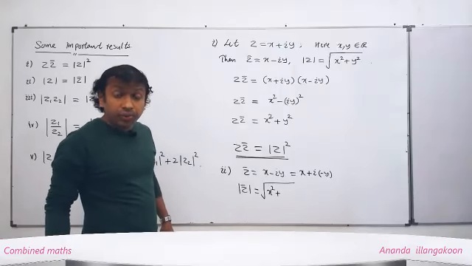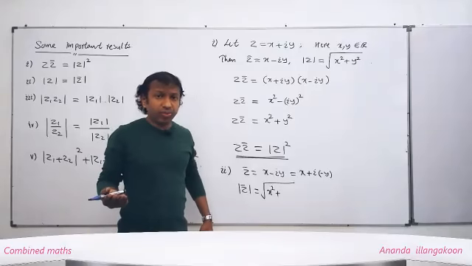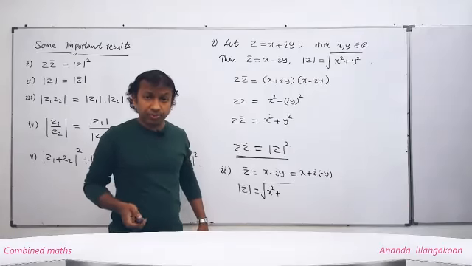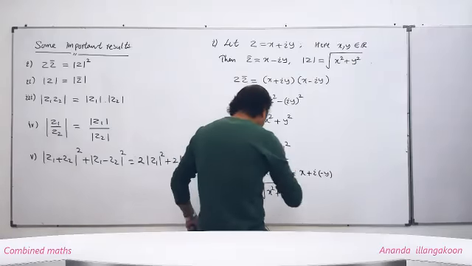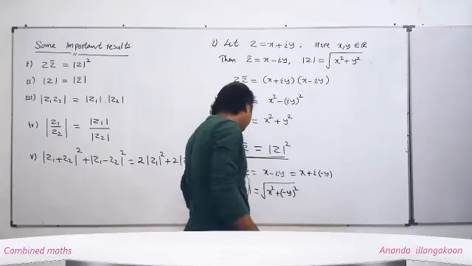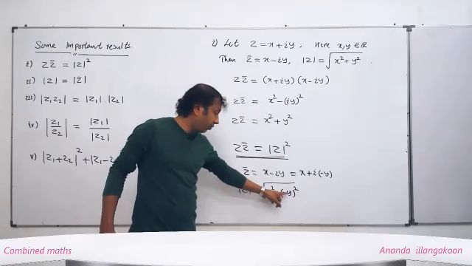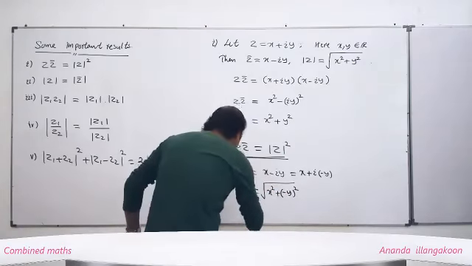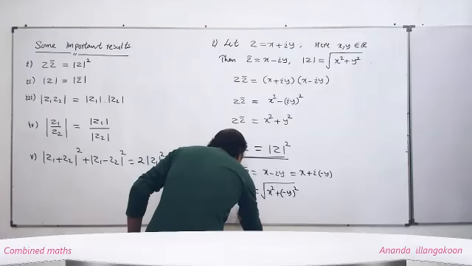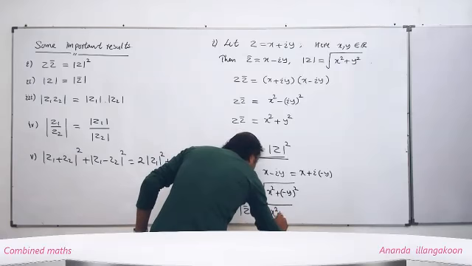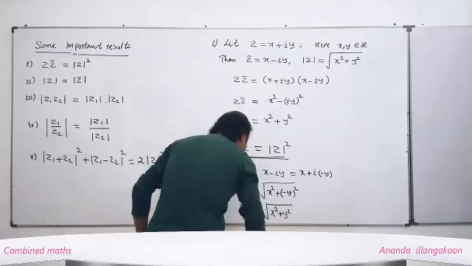So when you define the modulus of a complex number, it is the square root of the real part squared plus the imaginary part squared. Right? So therefore here, minus y squared. But you can very clearly see here minus y squared is plus y squared. Then we get x squared plus y squared.